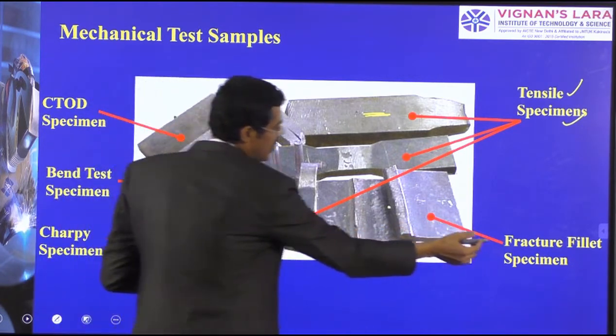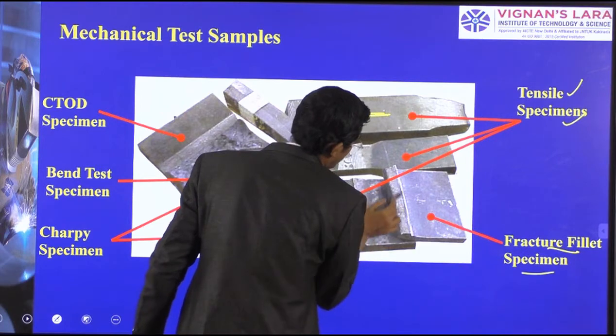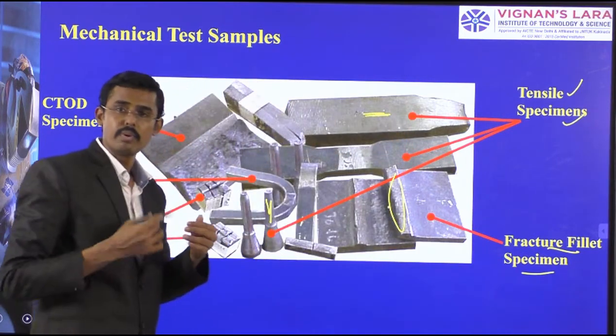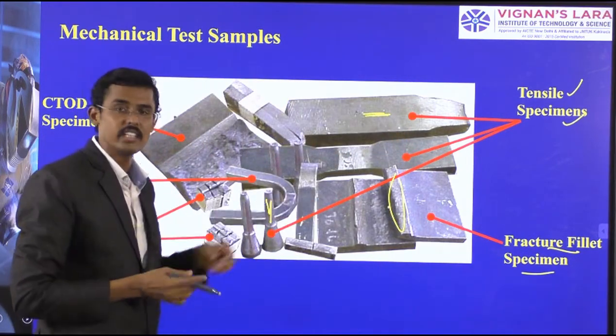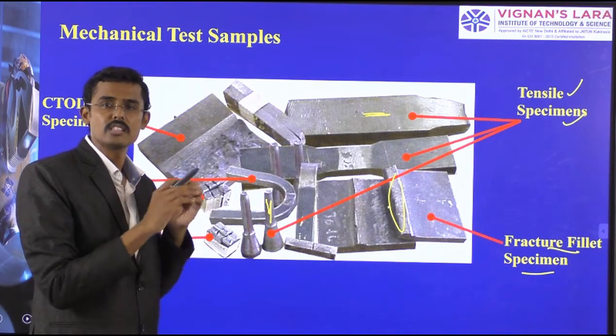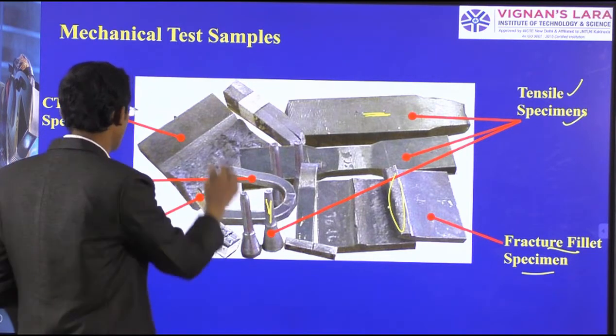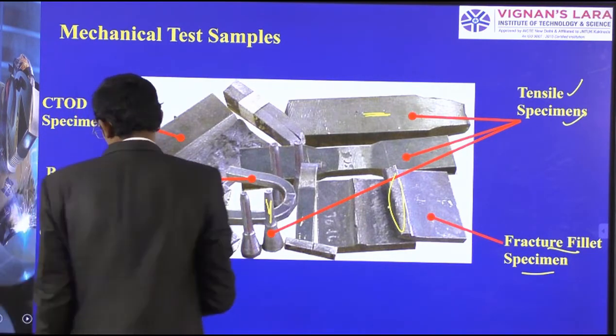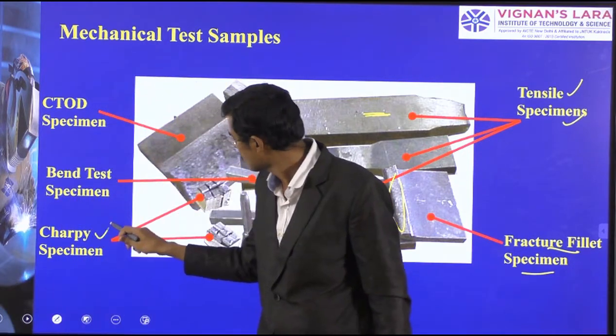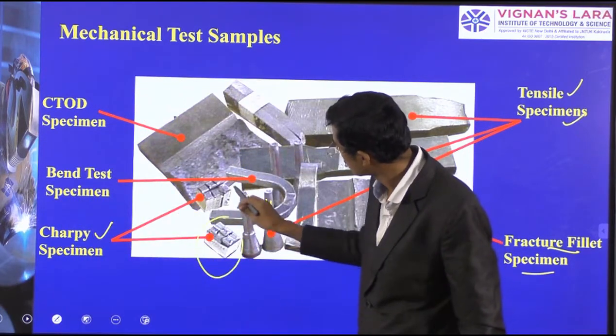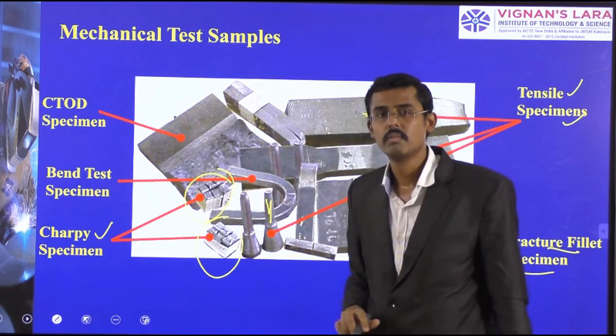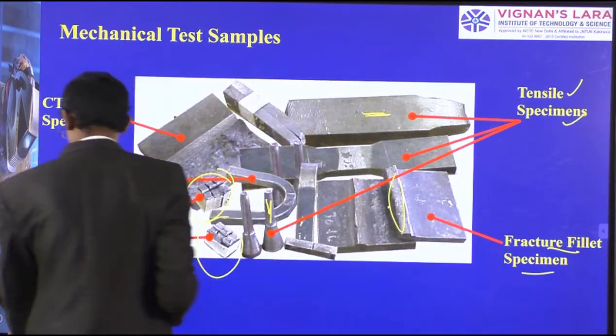Some fractured fillet welds have also been broken, showing the broken zones where we have to find whether failure is there or not. Similar patterns are seen in various specimens. Here I have given the impact specimens, showing how they are broken to identify failures.